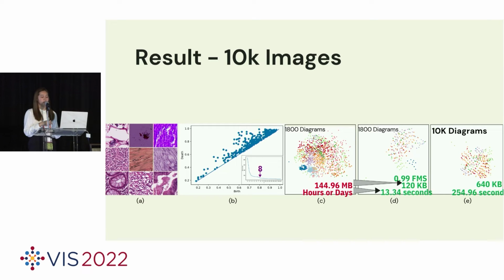And actually, this one is only a Python implementation. We also provide a C++ implementation that will further speed up this distance comparison into milliseconds. You can also see that since the new representation is a binary representation, the memory size will also be reduced. And we also use a Fowlkes-Mallows score to evaluate the quality of distance.